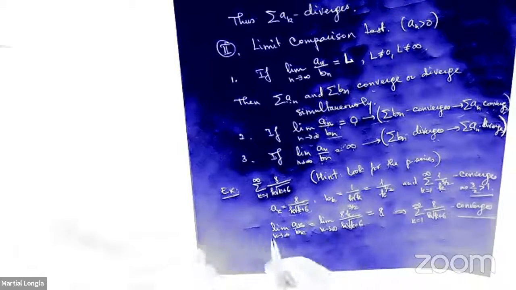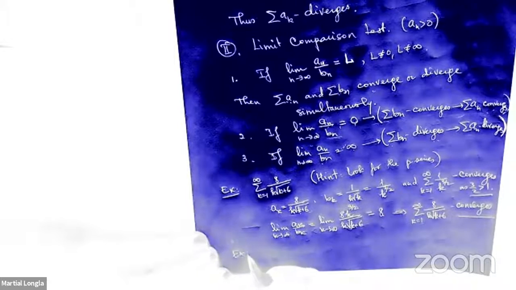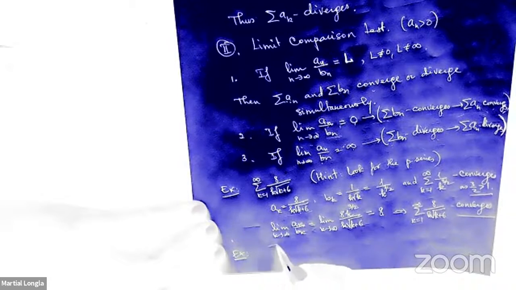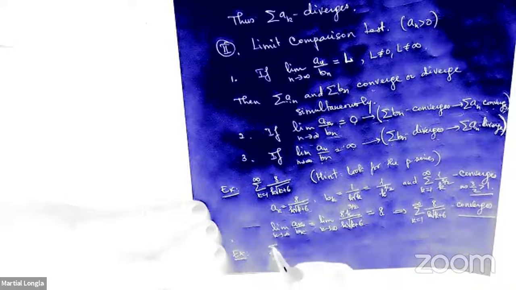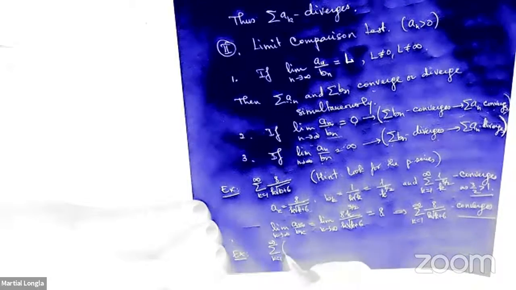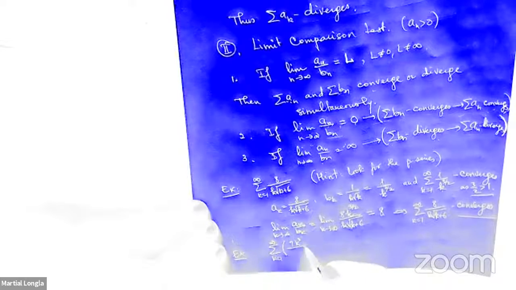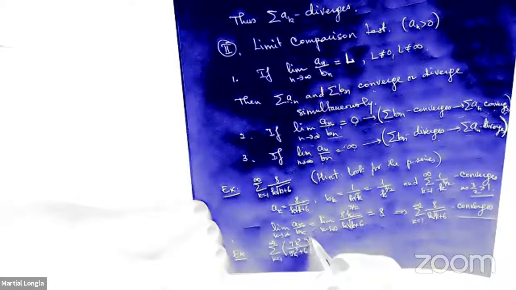All right, another example. Now it's for you to tell me what we get here. It's not always a p-series that you get out of it. Sum k from 1 to infinity of 7k cubed over 9k cubed plus 6 to the power k.